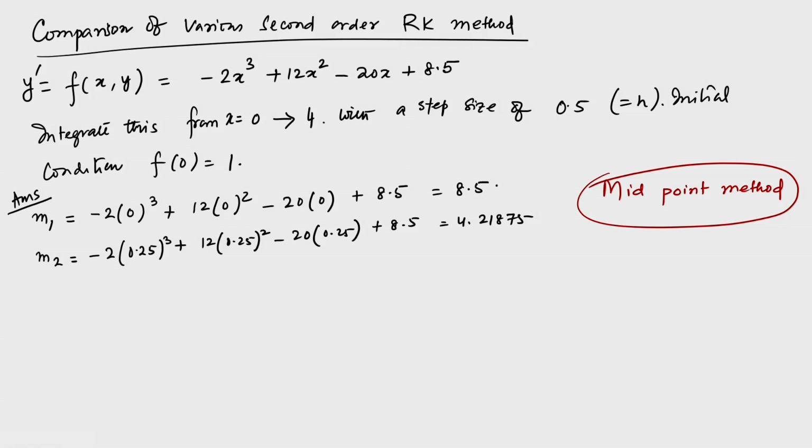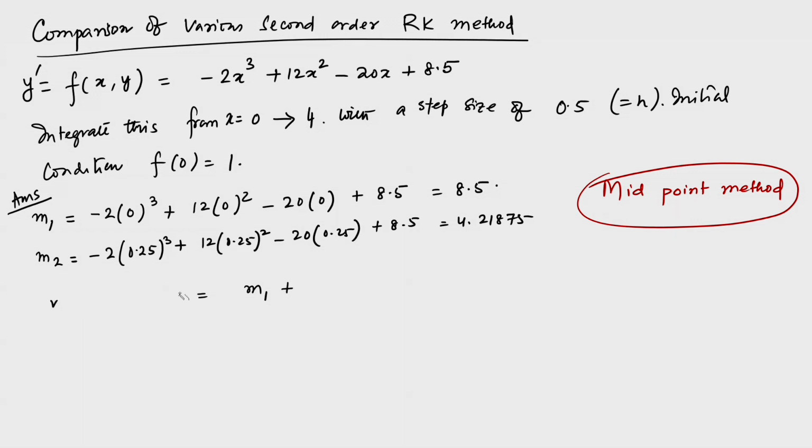If we want to use the Heun's method, then we will take the slope to be m1 plus m2 divided by 2, the average slope, which refers to the Heun's method.